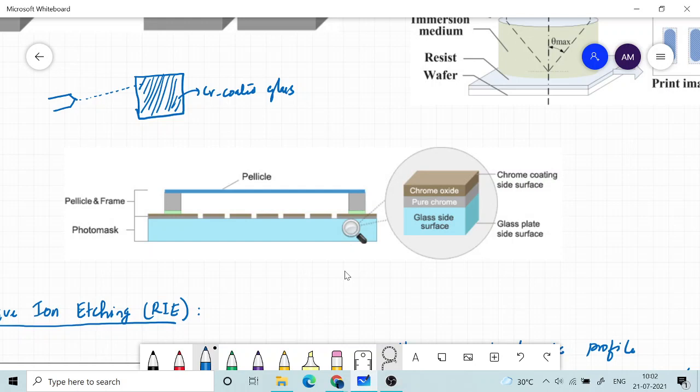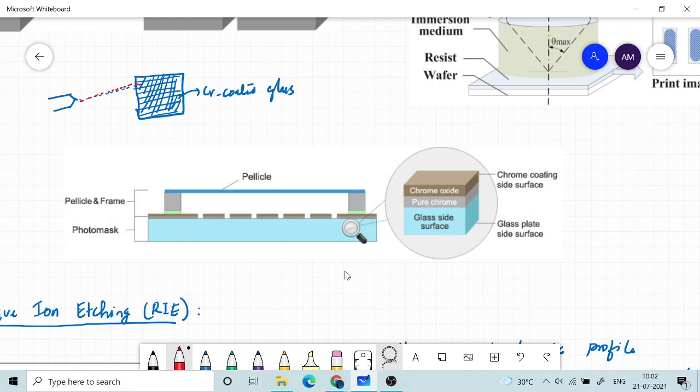You coat it again with photoresist, just like you do in lithography, and after that you take an electron gun and focus it on regions where you have to irradiate the photoresist.